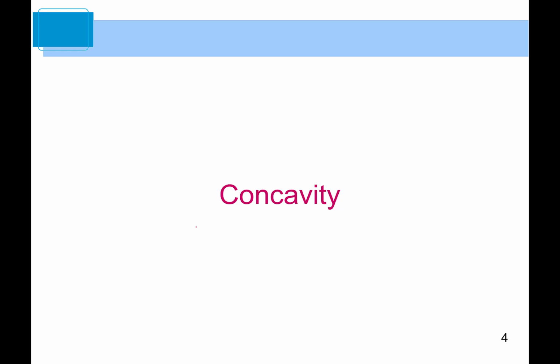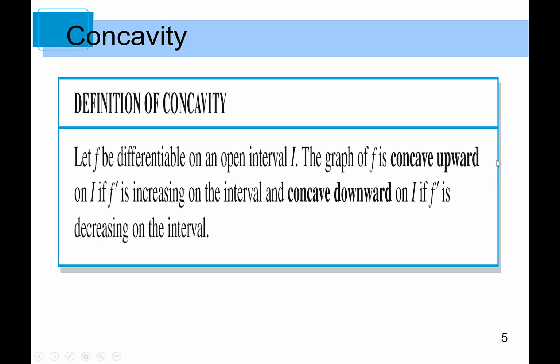Concavity, again, as I mentioned, has two types: concave upward and concave downward. Definition of concavity: let f be a differentiable function on an open interval I. The graph of f is concave upward if f prime is increasing on the interval.